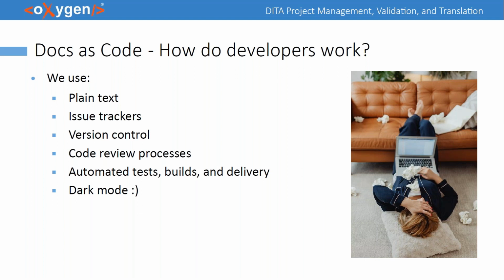Well, we use plain text for writing our code. We use issue trackers, version control, code review processes. We use automated tests, builds, and delivery. And I'm going to spend some time on some of the points from this slide later in the presentation.